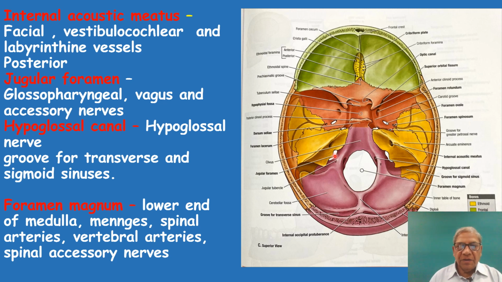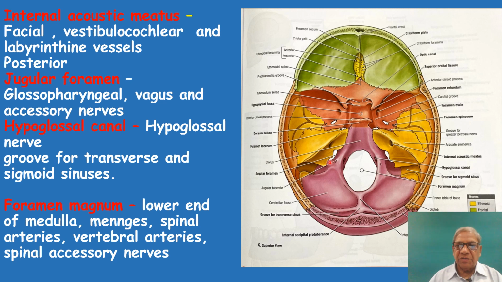He will ask you what structures pass through the jugular foramen. It gives passage to many structures, but you tell him that there are three important nerves which pass through the jugular foramen. The anterior and medial part gives passage to the glossopharyngeal nerve, then the middle part gives passage to the 10th cranial nerve, that is the vagus nerve, and the lateral-most and posterior part gives passage to the 11th cranial nerve.